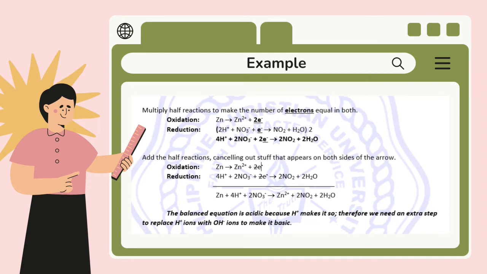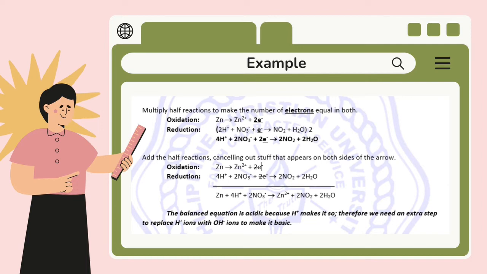Right after that, we're going to be copying all of the chemical compounds written on the left, and all of the chemical compounds written on the right. So we're going to have here Zn + 4H+ + 2NO3- produces Zn2+ + 2NO2 + 2H2O.